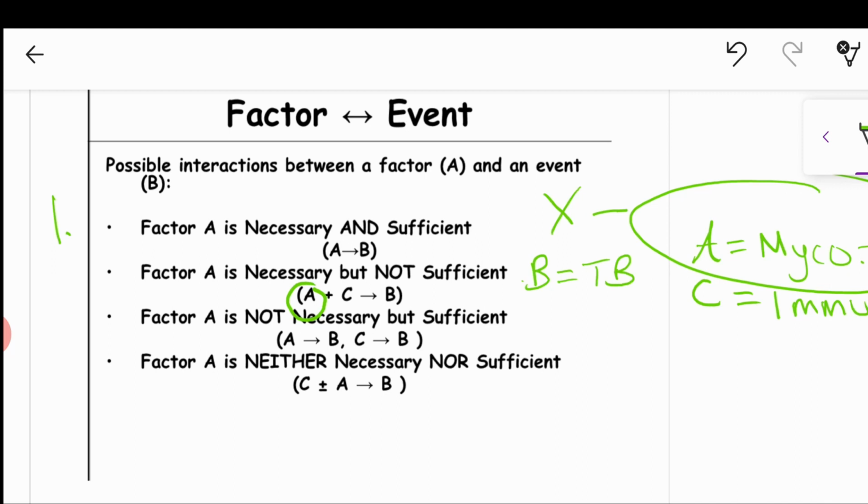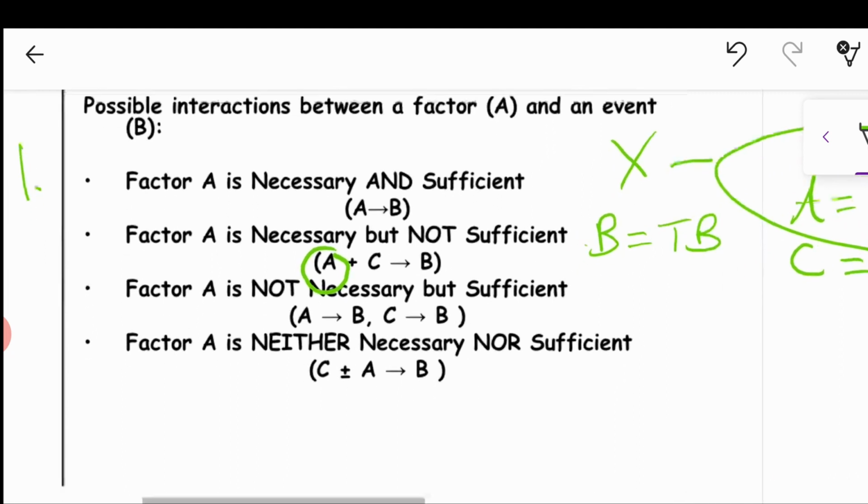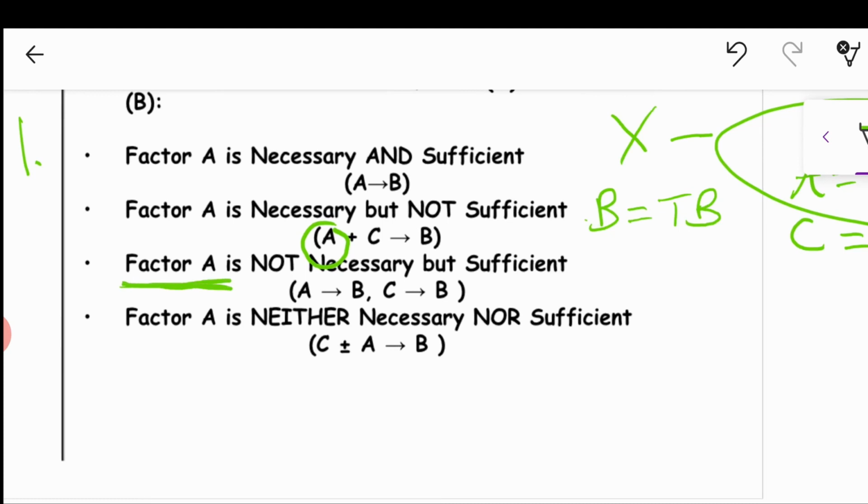All right. So basically it's saying here that factor A can be replaced by other factors which can cause the disease. So A can cause B, however, C can cause B. It doesn't need to be like this one over here when we just said both two factors need to be combined. They can be independent in this instance.